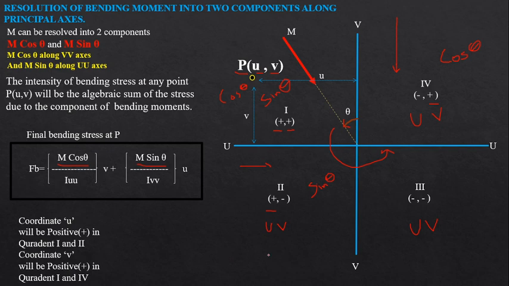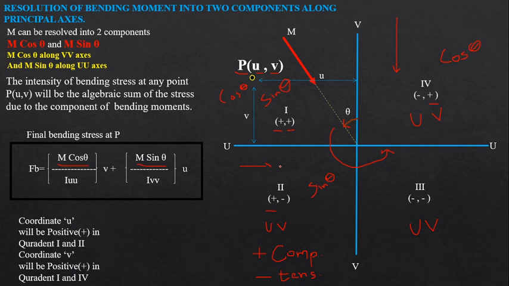And we take positive as compression and negative as tension. So M cos theta gives compression.